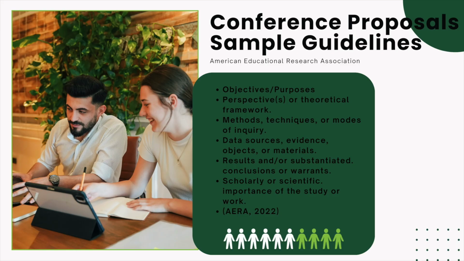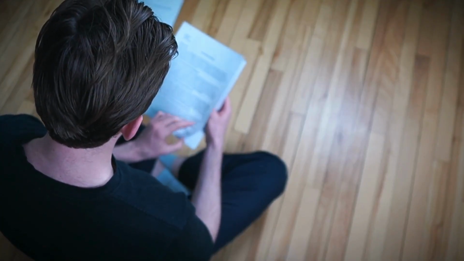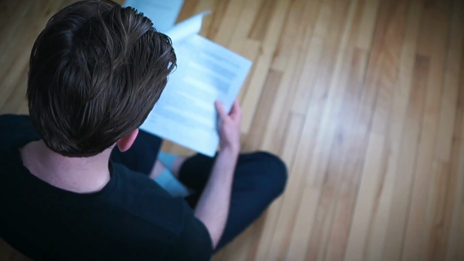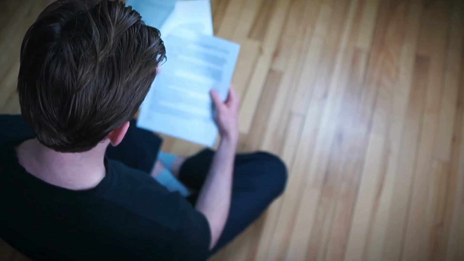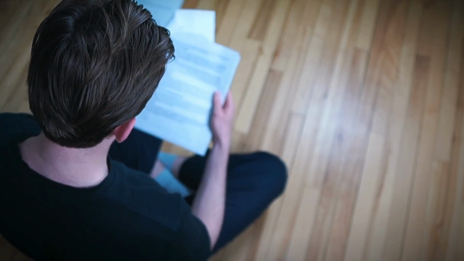I also wanted to just attach some sample guidelines from the American Educational Research Association. Again, every conference or journal is going to have their own guidelines, but these are some great examples of what that institution requires. So when you go to put a proposal in, you have to have an objective and a purpose.